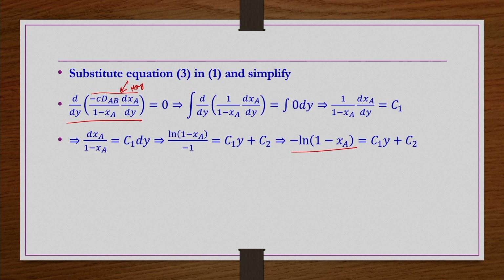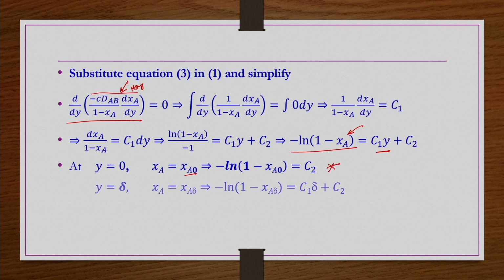Now, we have two boundary conditions. At y equals 0, x_A equals x_A0. So, here if you substitute x_A0, you get minus ln(1 minus x_A0) equals C2, because y is 0 in this boundary condition. So, C2 you already got. Then the other boundary condition, at y equals delta, x_A equals x_Aδ.